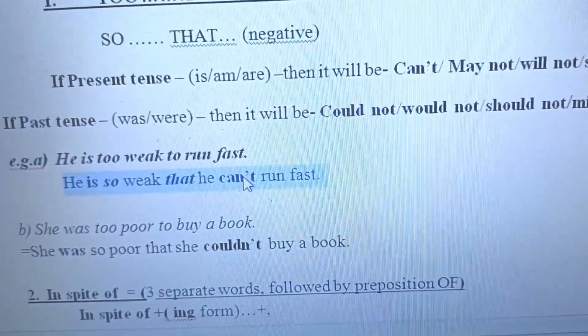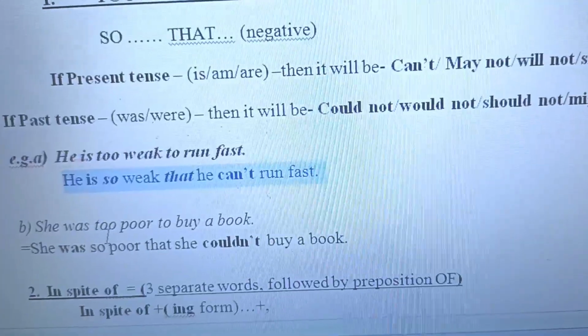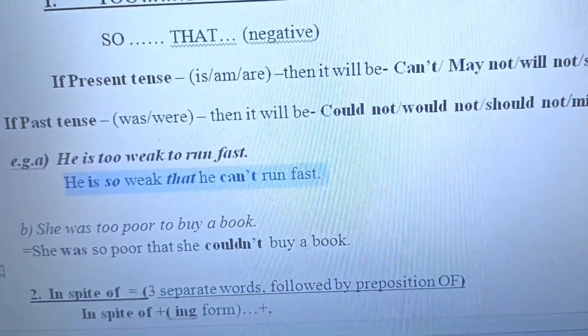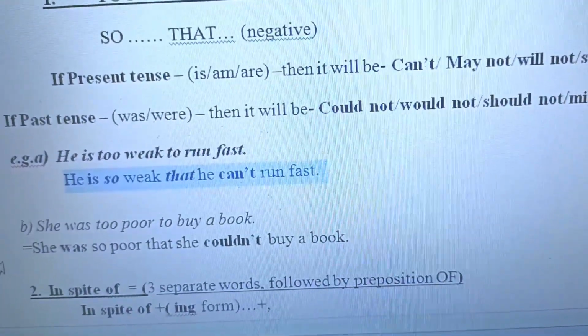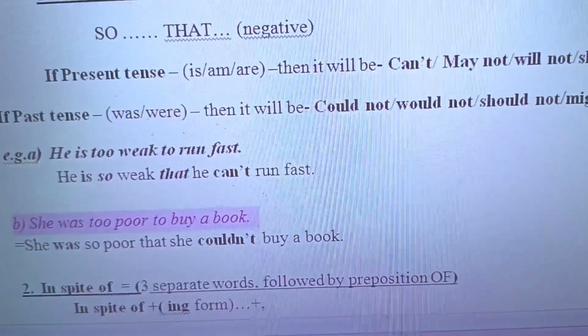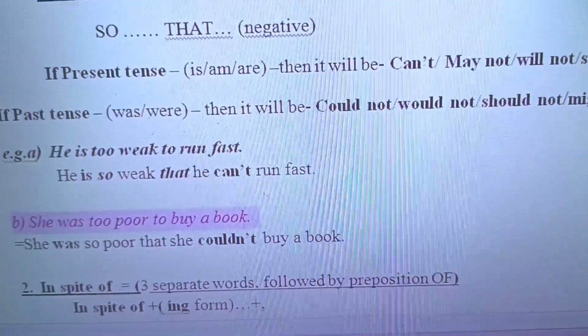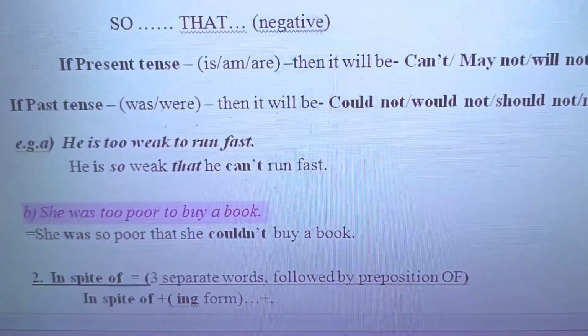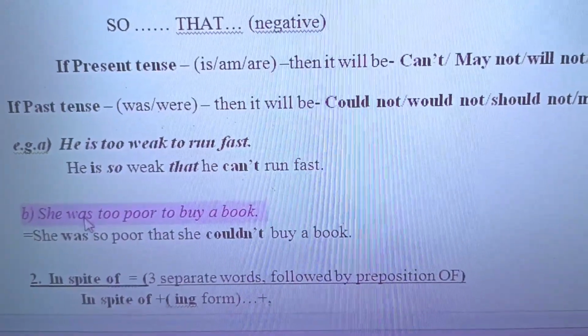Let's see now if it is in past tense, then how we can change in so that pattern. B, she was too poor to buy a book. So here helping verb was is used.